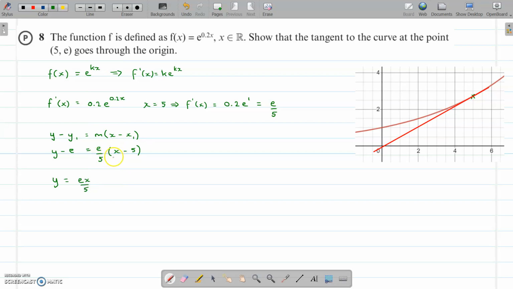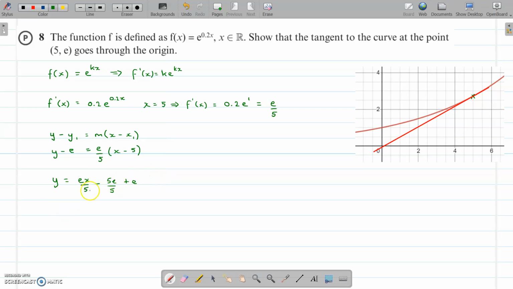I'm just multiplying this out, minus 5e over 5. I'm just showing every step here. That's multiplying that out, minus e, plus e, because I'm taking the e to the other side. Remember, e is a constant. 5e over 5 is just e, of course. And you'll notice, hopefully, that the constants cancel out.